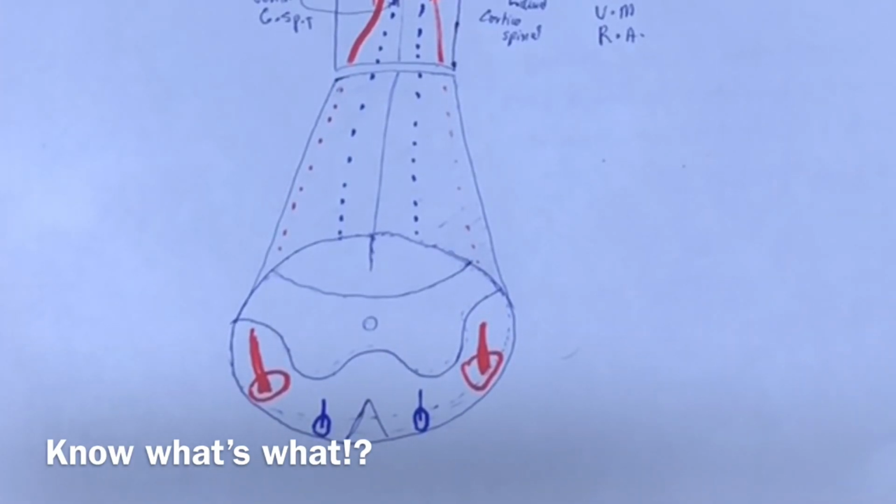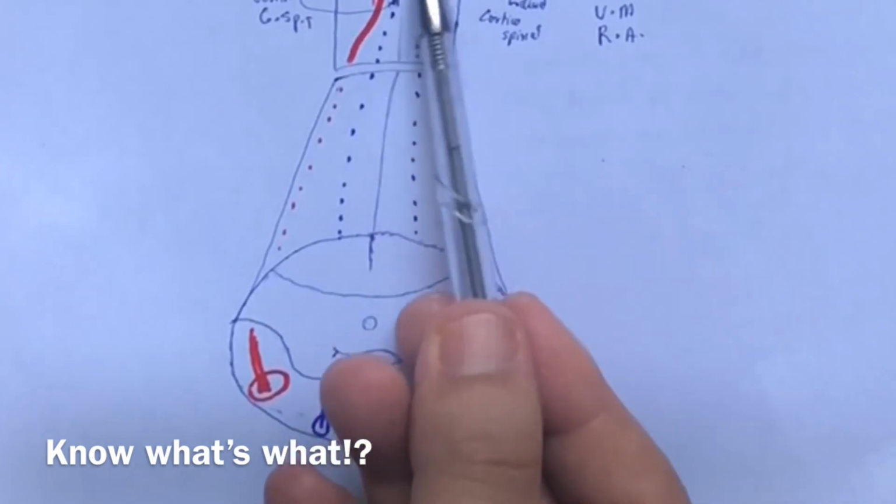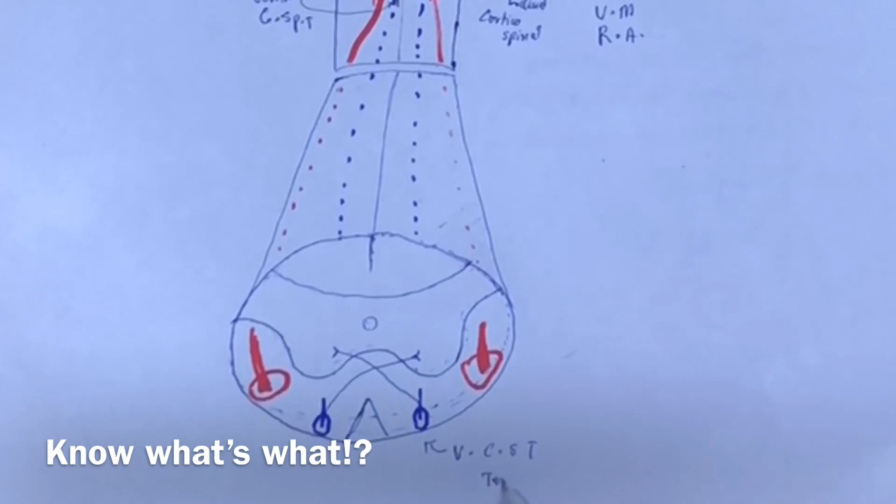Now, the ventral corticospinal tract did not cross at the medulla, but it will cross here at the spinal level when it gives the branches off, and it will give the branch to the ventral or anterior gray column here in the spinal cord. The fibers of the ventral corticospinal tract will terminate in the cervical regions or upper thoracic region, and they will not go throughout the spinal cord.